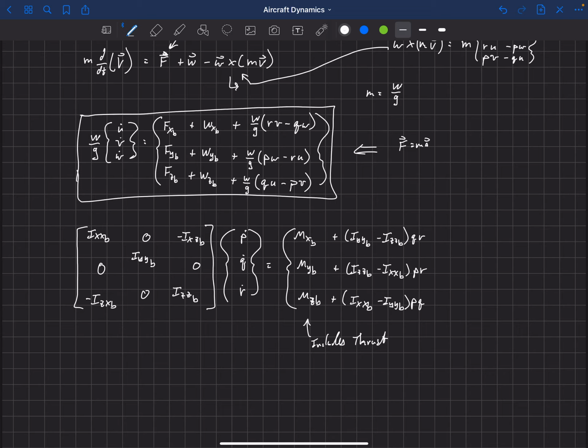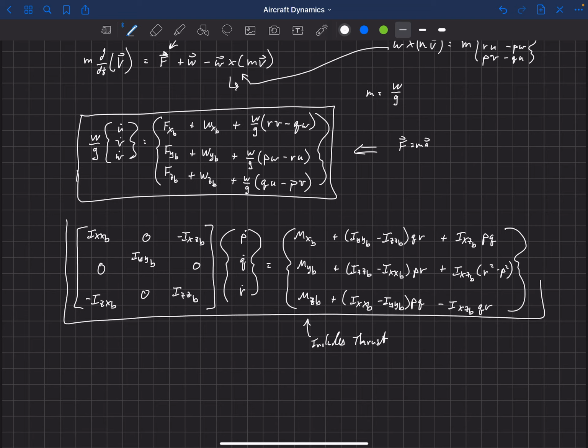Okay, and then we have one last term here for each of these. We're going to have an IXZ times PQ, an IXZ times R squared minus P squared, and an IXZB times QR. Okay, so this is F equals ma, but for the rotation rates of the aircraft.